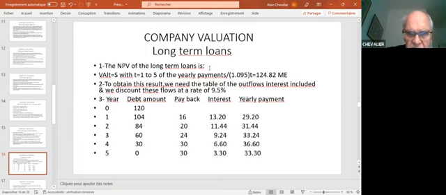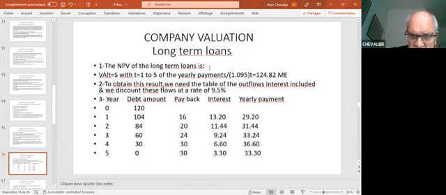Year 3, and this is in the contract, of course, the repayment is 24, which means if the debt is 84 at the beginning of the year, the debt amount will be at the end only 60.